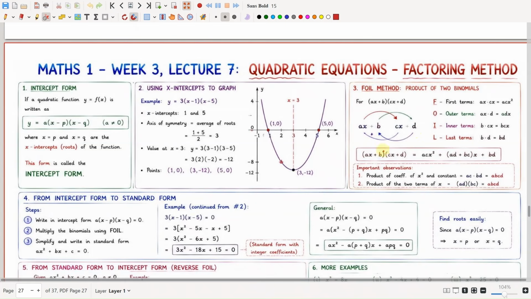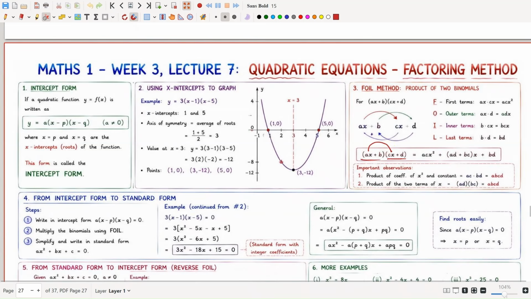So (ax plus b) into (cx plus d) will be acx square plus adx plus bcx plus bd. See, you will be multiplying the inner terms, right? Then plus you will be having bd.